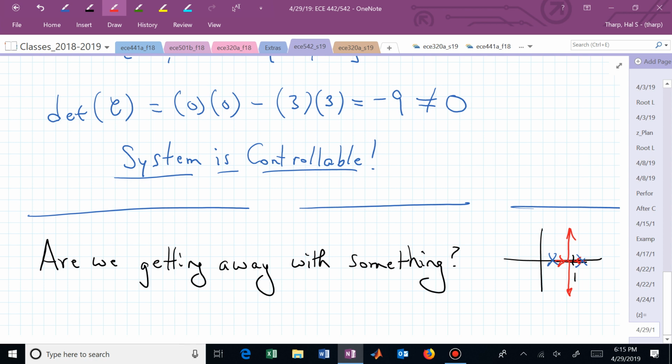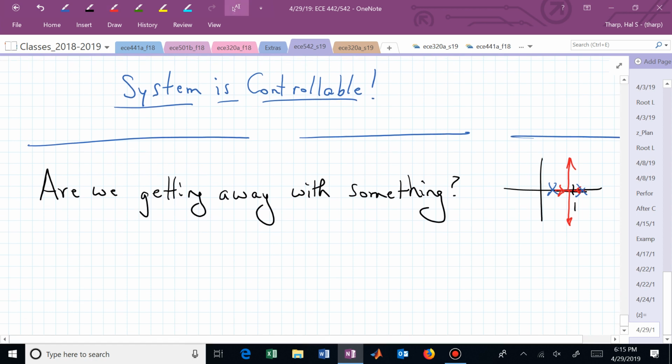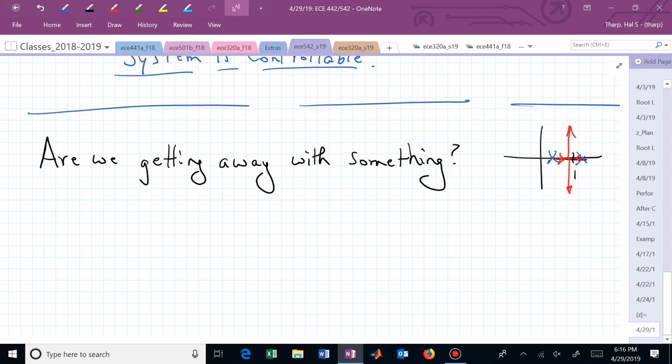Now I come back to my question. You just said if my system is controllable, I can put my closed loop poles wherever I want. What? Are we getting away with something? What's happening? If I now had a second order system that had poles at whatever these are, 0.25 and 1.25, what is going on?